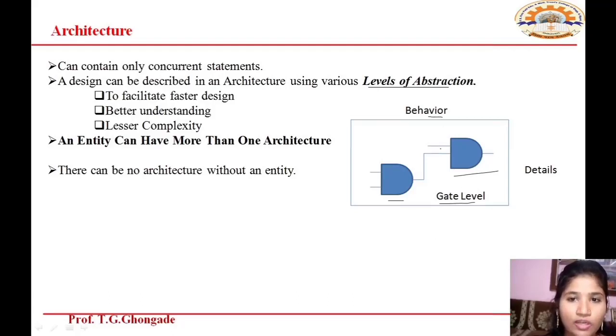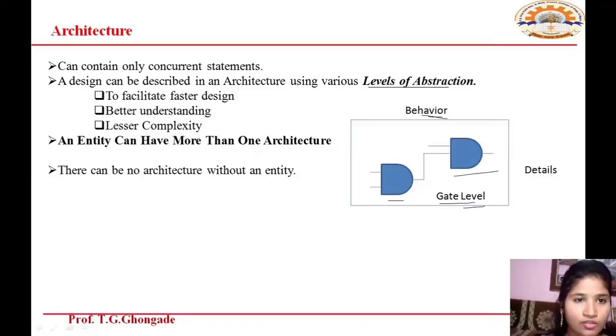If you know the complete function of your circuit in terms of input and output, it means that you can specify your architecture in terms of behavior. So level of abstraction depends on you, on what level of detail you want to describe your architecture, whether in terms of gate level or in terms of behavior.